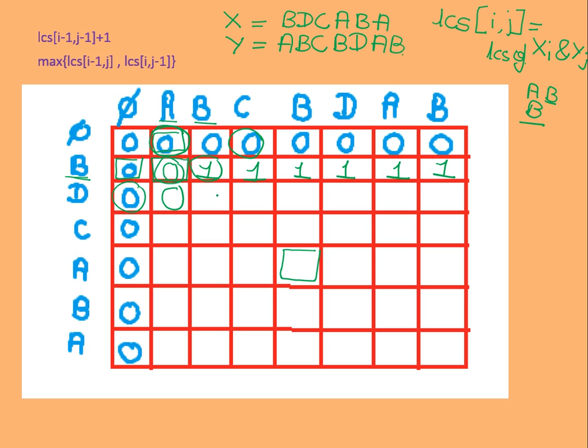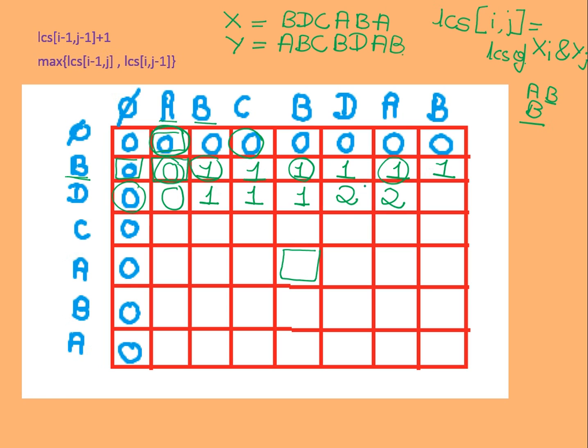Then D and B are not the same, thus I'll store 1 here, 1, again 1. Now here D and D are the same, thus 1 plus 1, so 2.